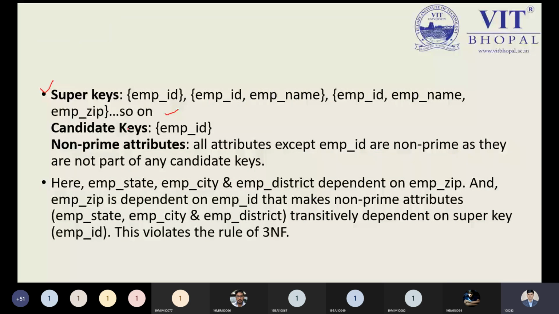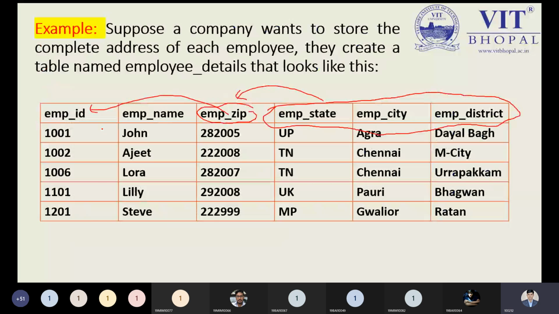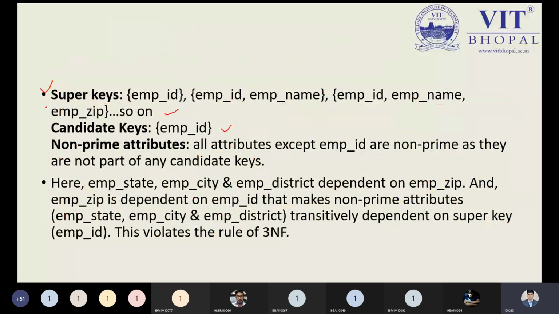The candidate key will be the employee ID. It is the same example; we have just added the employee district, nothing else. Now the non-prime key attributes: you can see over here employee city, employee state, employee district depend on the employee zip, and employee zip depends on the employee ID, so that makes a non-prime key attribute dependency, and it violates the rule.